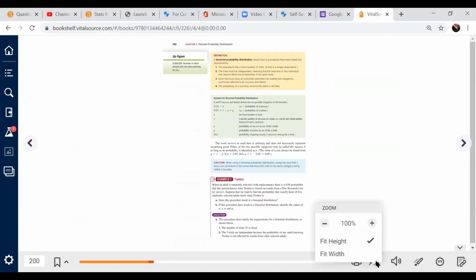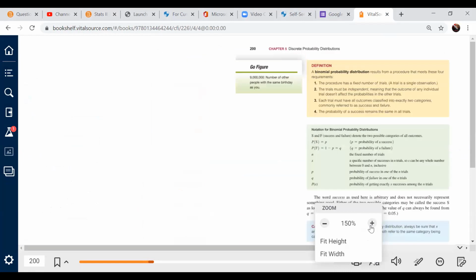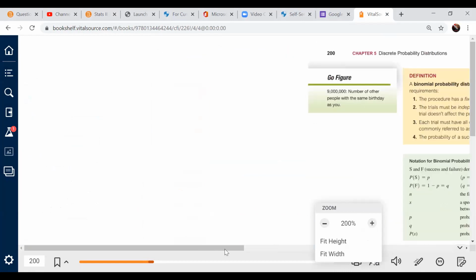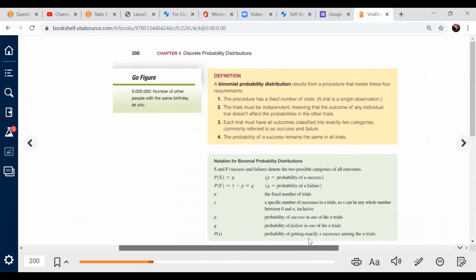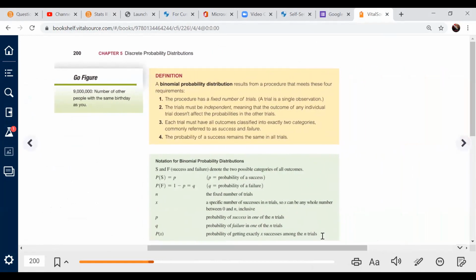Now, Reese, reading this definition, if you don't mind, read this definition or give me a synopsis of what you think your takeaway from it was. A binomial probability distribution results from a procedure that meets these 4 requirements. The procedure has a fixed number of trials.